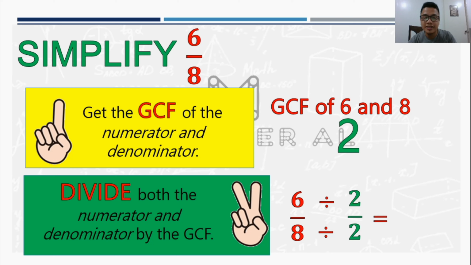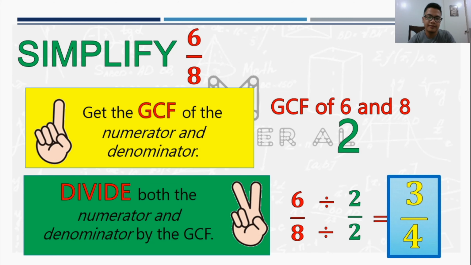So let's start. 6 divided by 2 will give us 3, and 8 divided by 2 will give us 4. But again, you have to make sure that your final answer is always in simplest form. Is 3 over 4 simplified? Okay, I think it's simplified, therefore that will be our final answer.